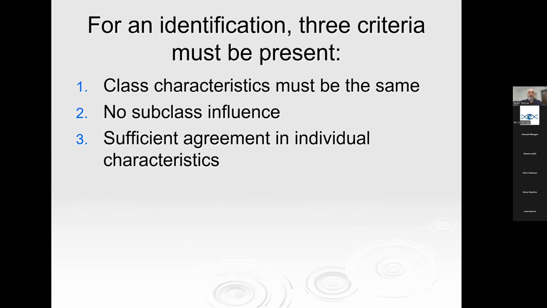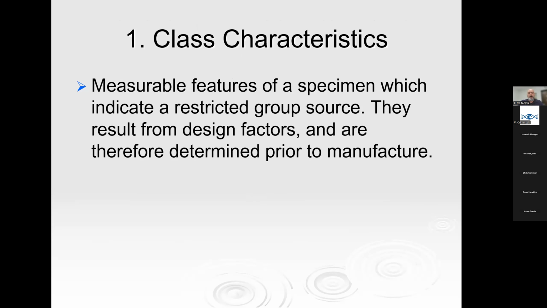So for an identification, 3 criteria must be met. The class characteristics must be the same. There can't be any subclass influence, and sufficient agreement in the individual characteristics must be present. So class characteristics are measurable features that are imparted by the manufacturer. So they might want to have a 5 right or a 5 left.